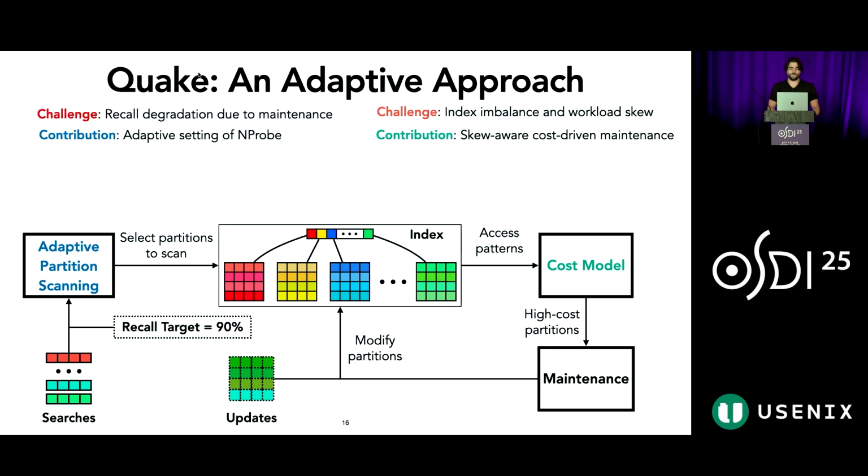Then the second piece: because we are doing maintenance, we want to avoid this recall degradation. We designed a method called adaptive partition scanning. This allows the user to set a recall target, and then the system will figure out exactly how many partitions to scan to meet that recall target without any additional tuning.